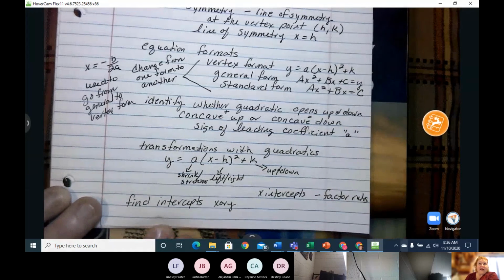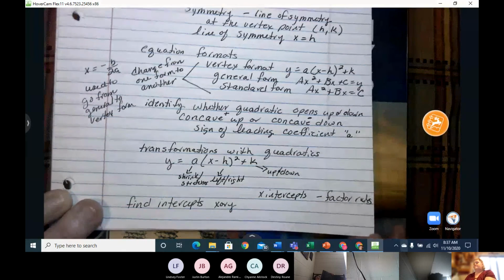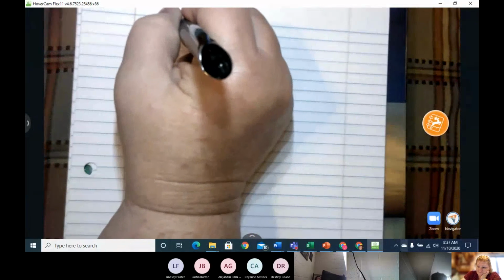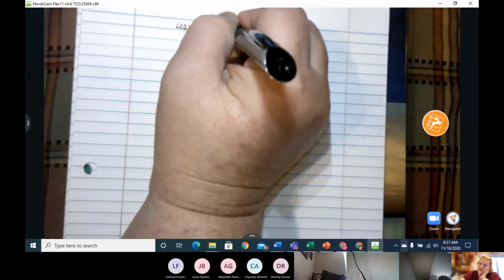You may have to factor. If you can't factor, you use the quadratic formula.